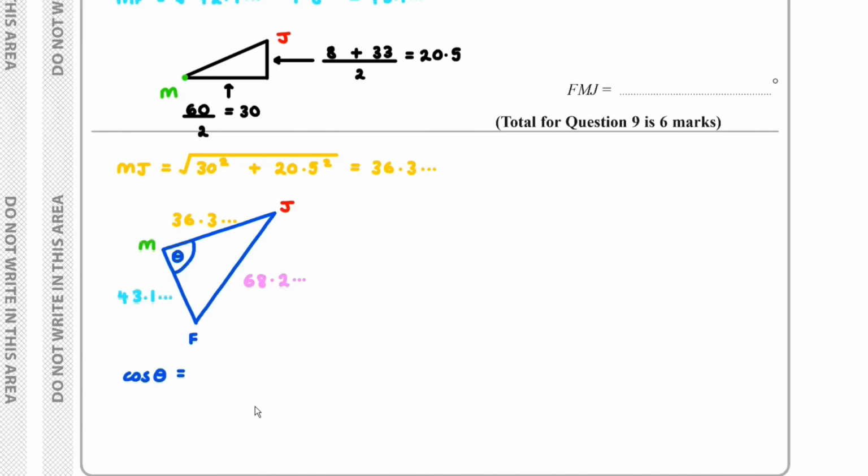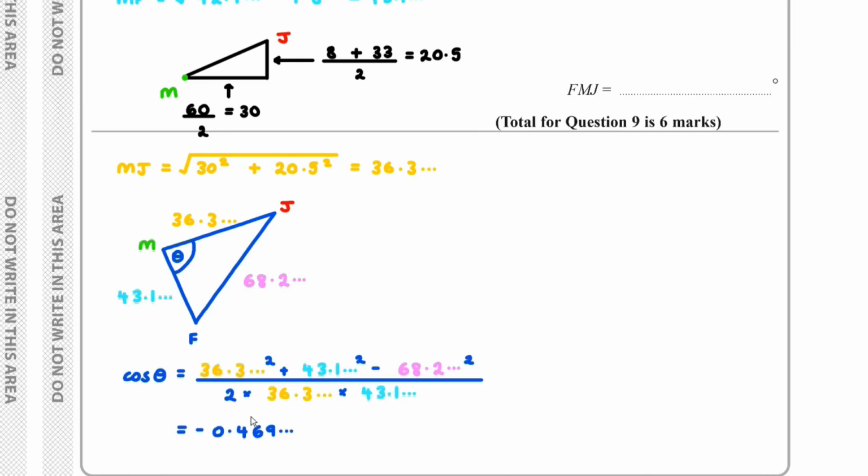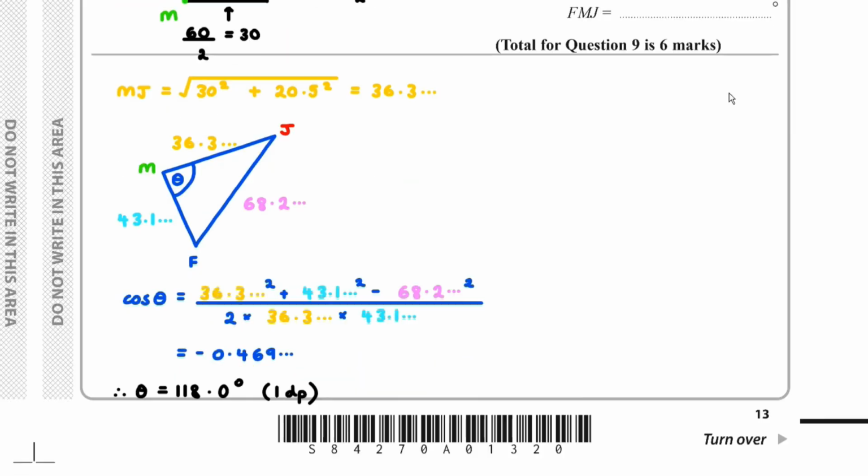So cos theta will equal 36.3 etc. squared plus 43.1 etc. squared subtract 68.2 etc. squared over 2 times 36.3 etc. times 43.1 etc. And working this out, we get negative 0.469 etc. So theta will equal 118.0 degrees to 1 decimal place.